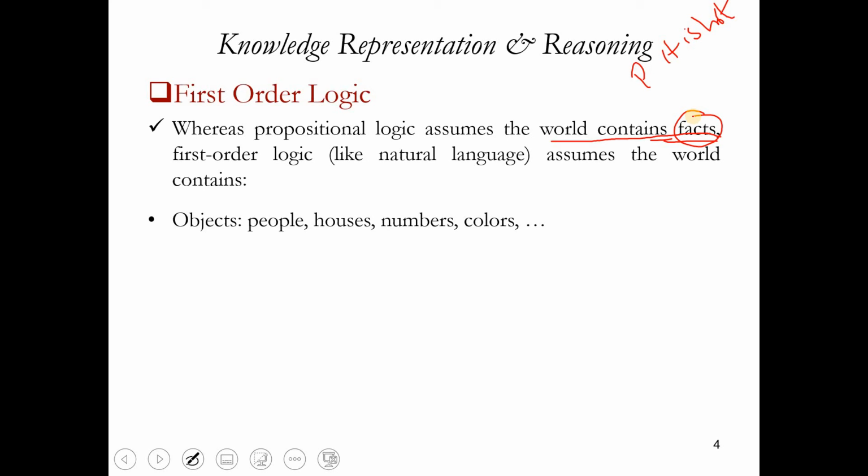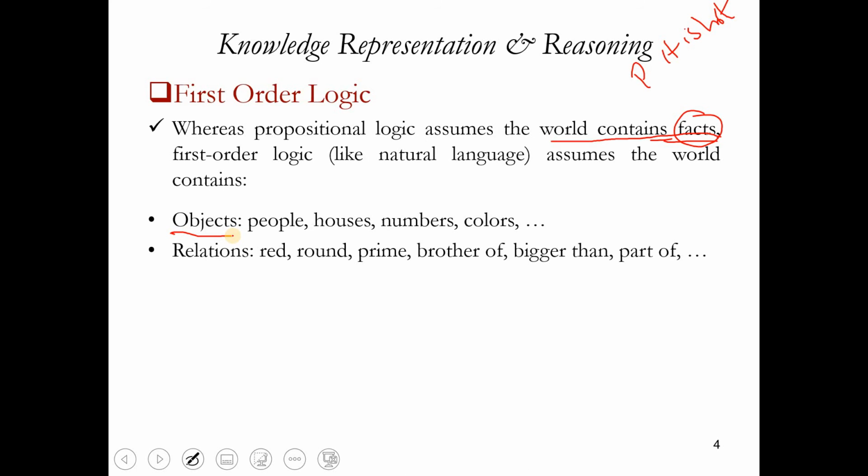First order logic assumes that the world can contain objects like people, houses, numbers, colors, and relations of those objects with some values. Color can be red, shape can be round, a number can be prime or even, or a relation like brother of, bigger than.